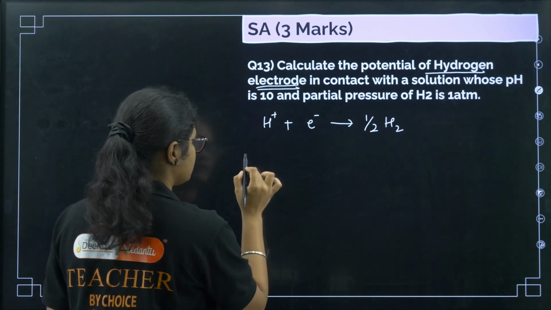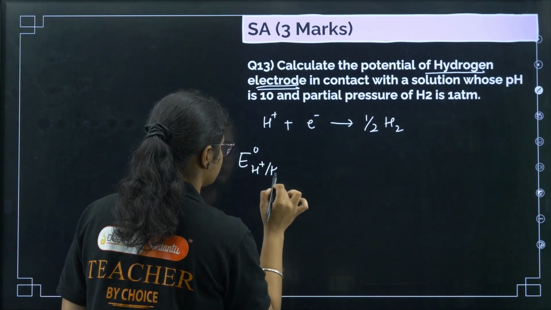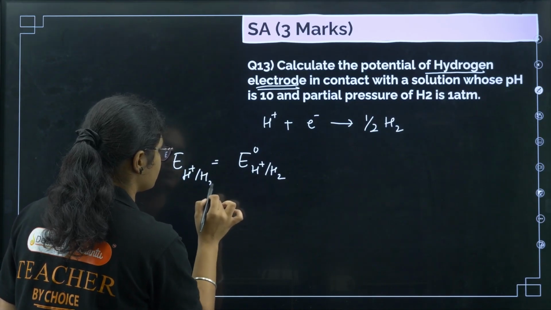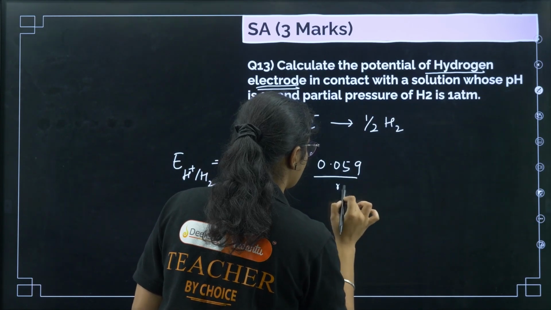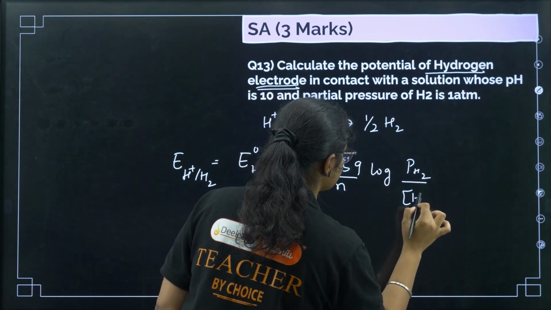Now if I write the reduction potential of H⁺ to H2, E of H⁺ to H2 is equal to E° minus 0.059 by n log of P of H2 by concentration of H⁺.